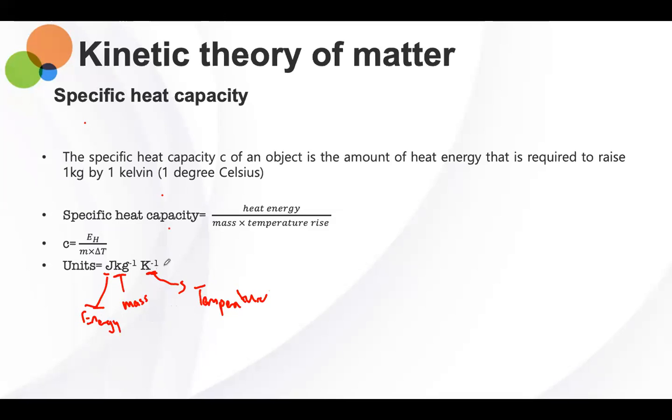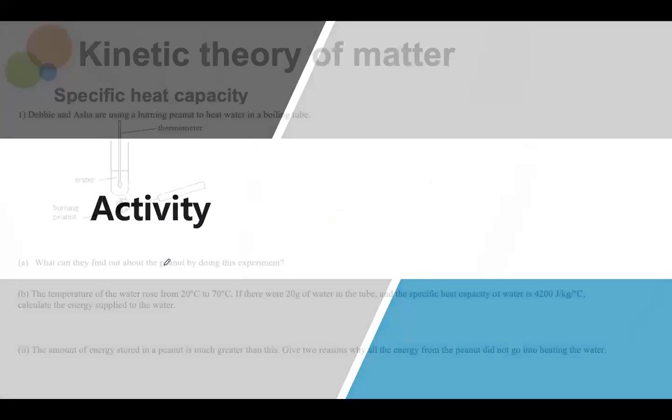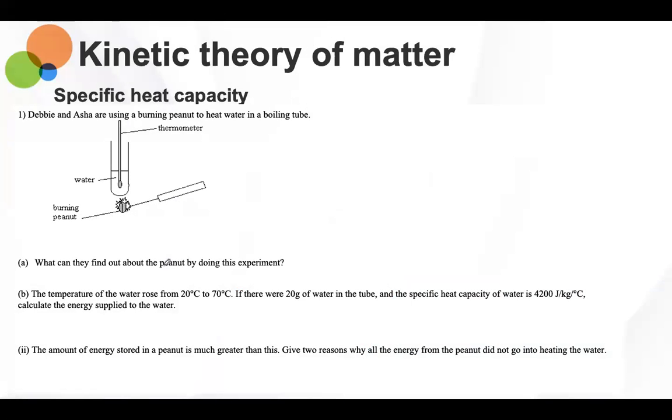All right, we can go to the activity, right? This is taken from an international past paper. Don't worry about it. It's very easy, right? So we have a peanut here, and it's burning.